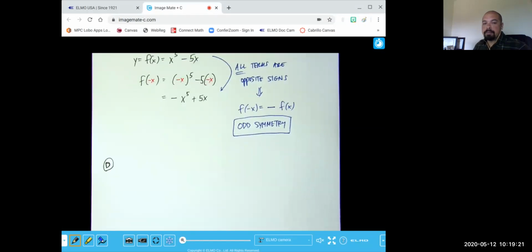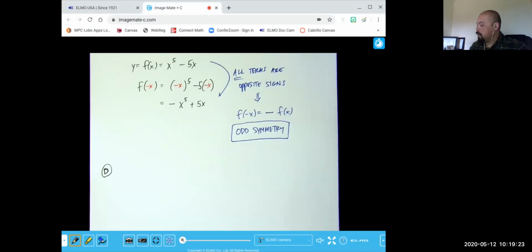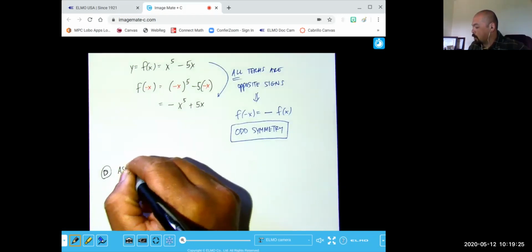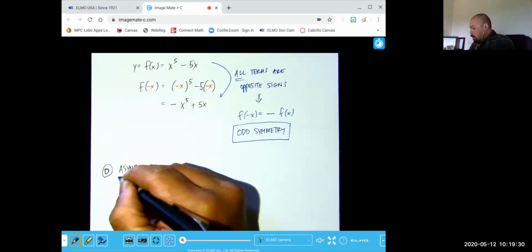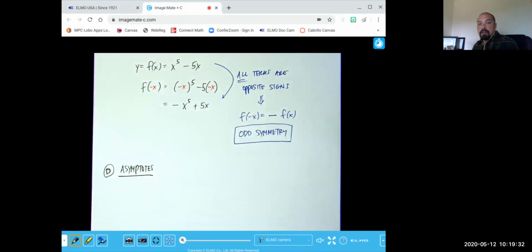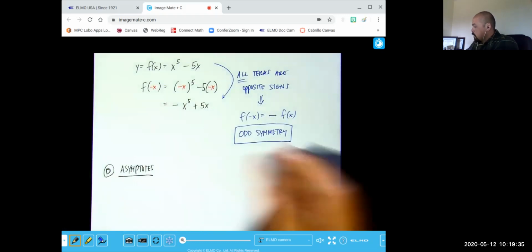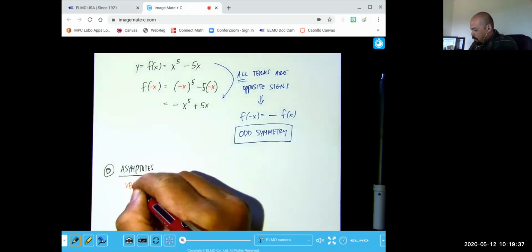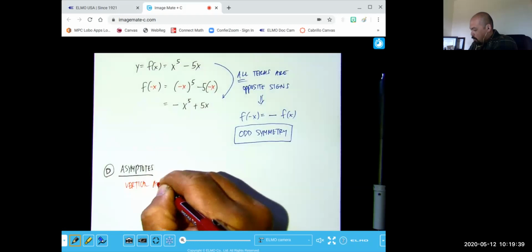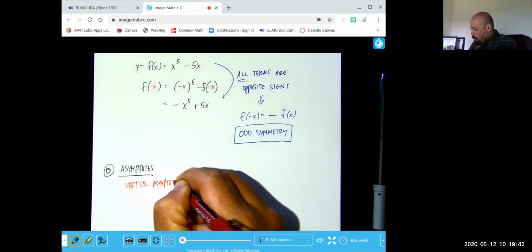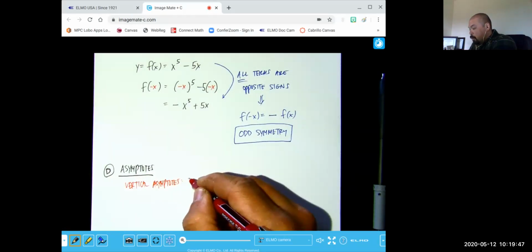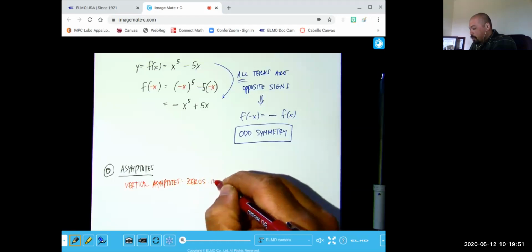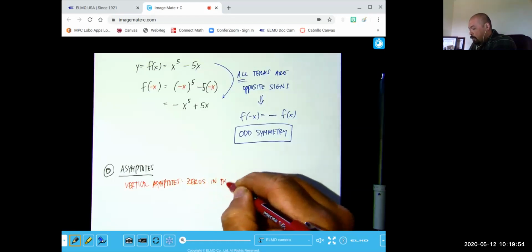All right. So part D is asymptotes. For our asymptotes, vertical asymptotes first off. When we're thinking about these, we're thinking mainly about zeros in the denominator.